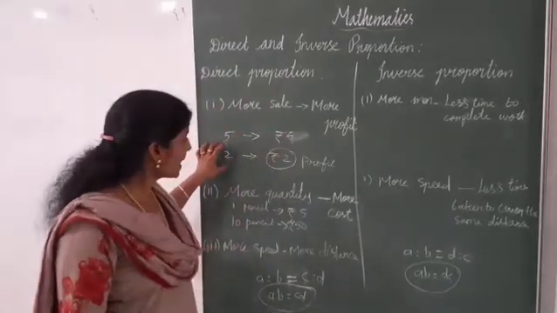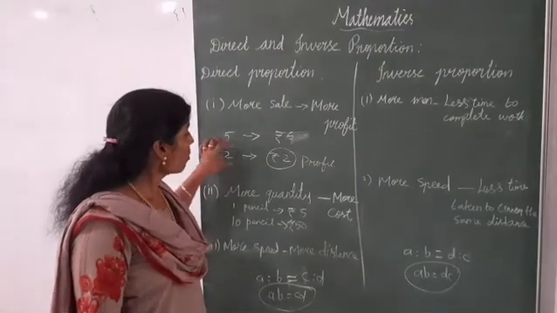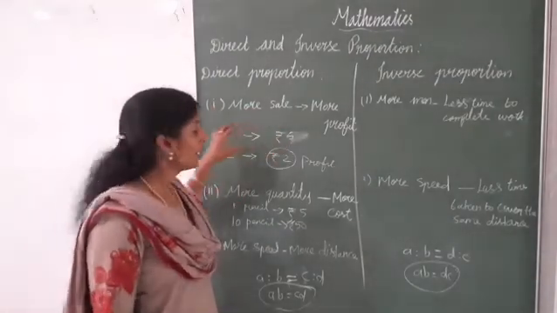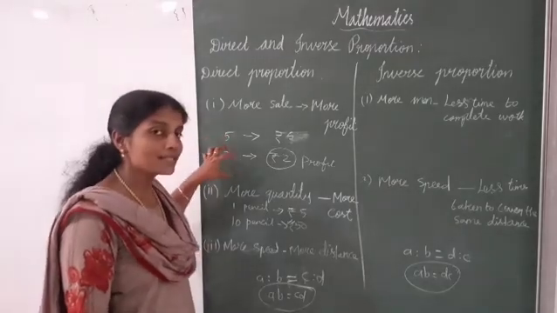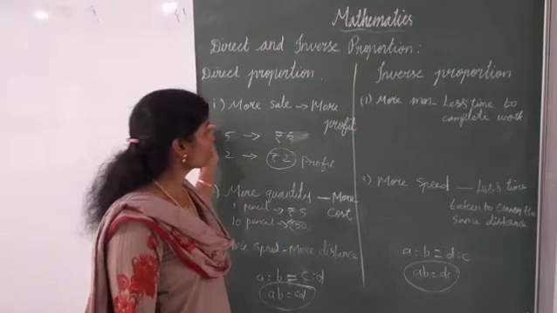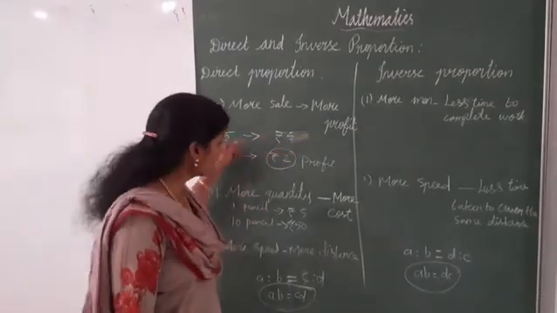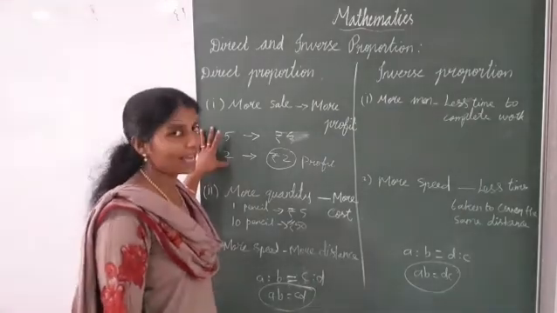If you sell 2 apples, we'll get only 2 rupees profit, isn't it? More sale means more profit. If the sale quantity is less, the profit is also less. One increases, the other also increases. One is less, the profit is also less. So we can say this is direct proportion.